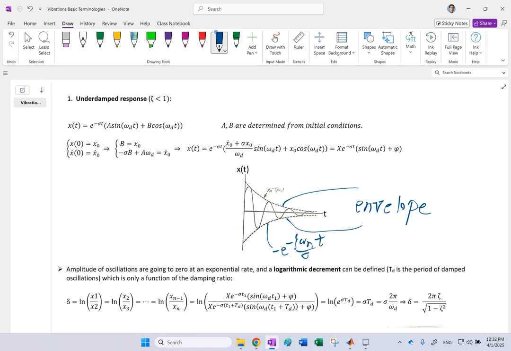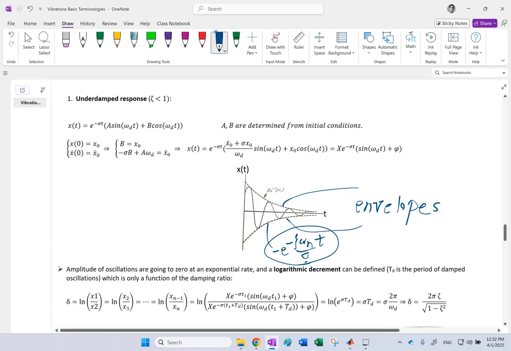It is inside of these two curves, which are the envelopes of the curves. So your curve is between these two positive and negative exponential of negative sigma times t.